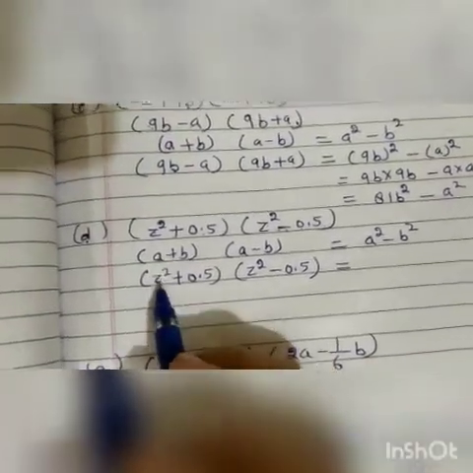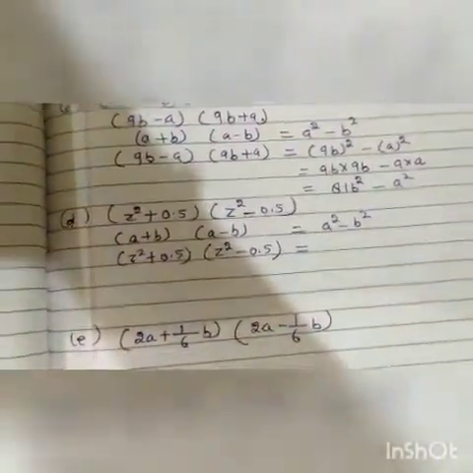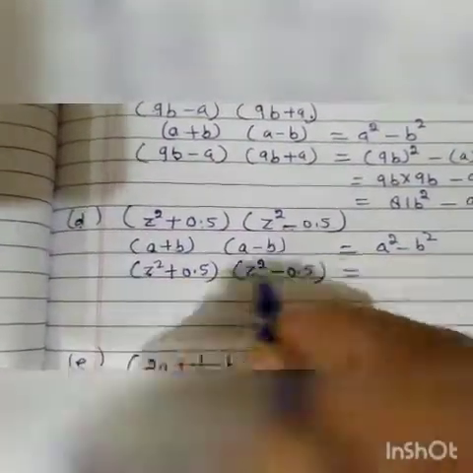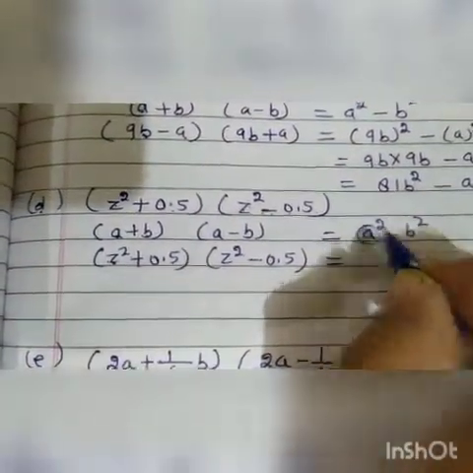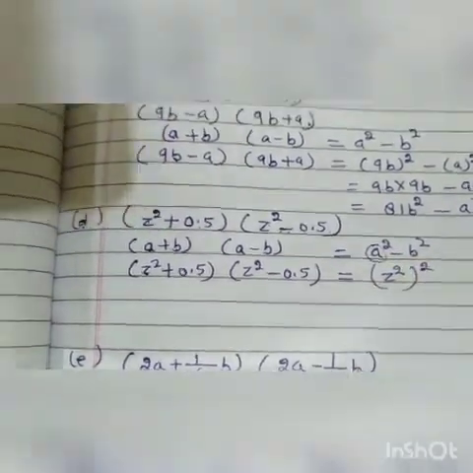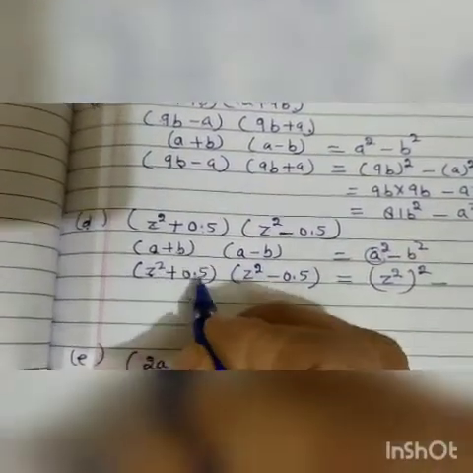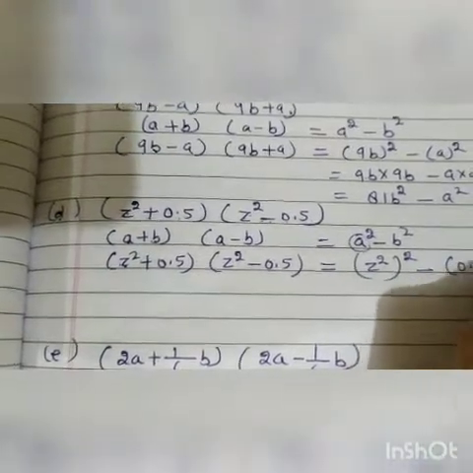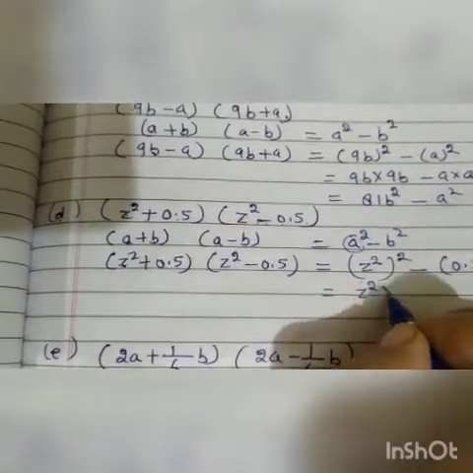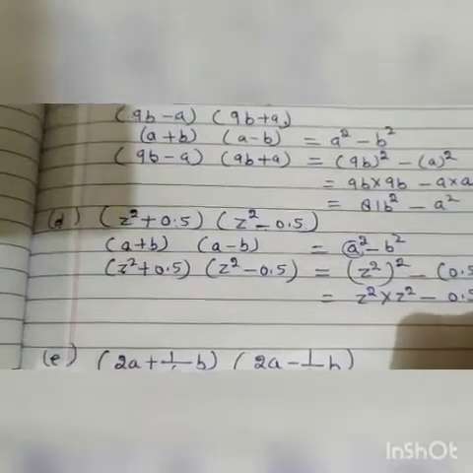Our first term is z square and the second term is 0.5. So in place of this a, we will write z square, then this whole square: (z square) whole square minus b square. What is the value of b? b is 0.5, then this square. So (z square) whole square means z square into z square, minus 0.5 into 0.5.